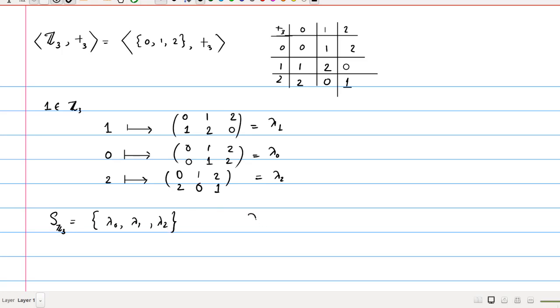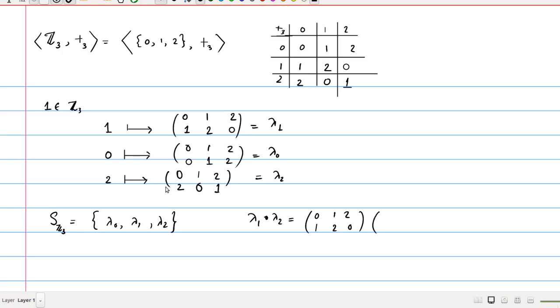Okay, we define lambda 1. These are permutations anyway, so we can define composition in this permutation. So lambda 1 composition lambda 2. How will you work? Okay, so that is 0 1 2, lambda 1 is 1 2 0, and what is lambda 2?